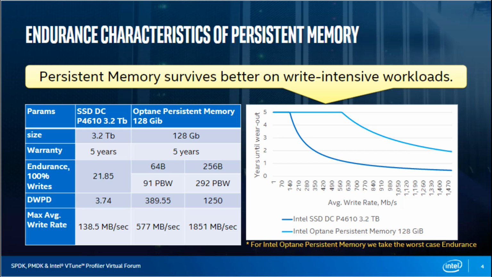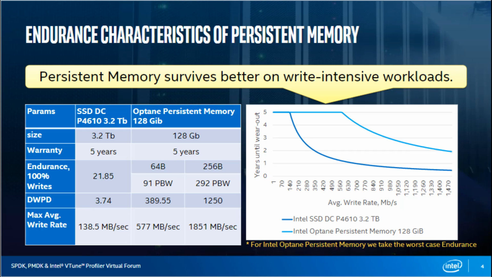Anyway, endurance is the first characteristic, and the second one is DWPD, disk writes per day. These characteristics can be calculated from the endurance. We just need to know the capacity and the warranty period. Disk writes per day tells us how many times we can fully rewrite the storage device per day.